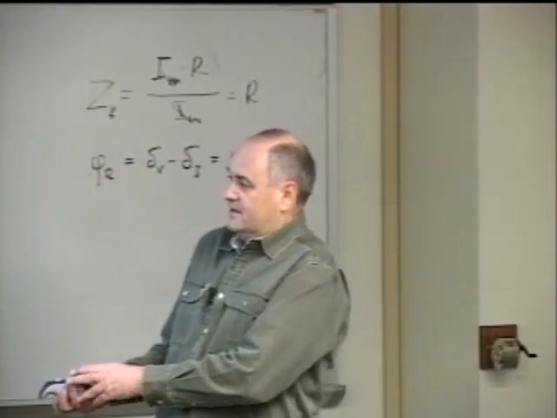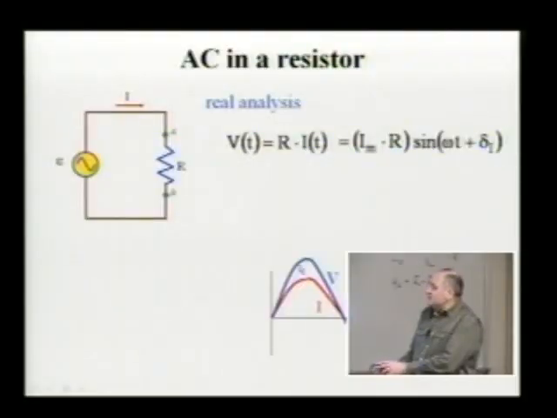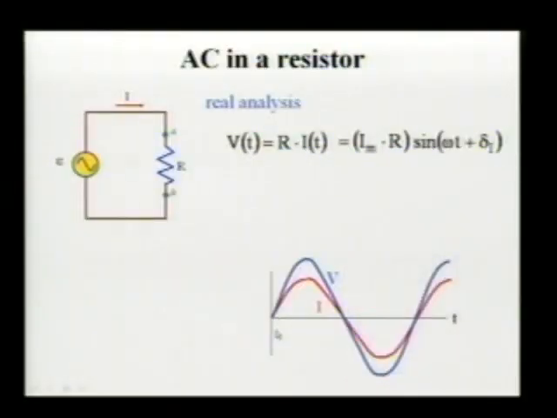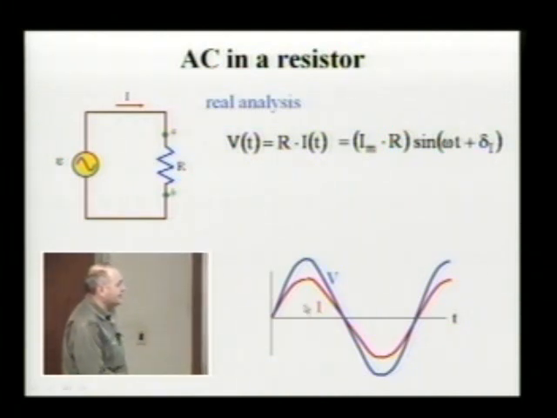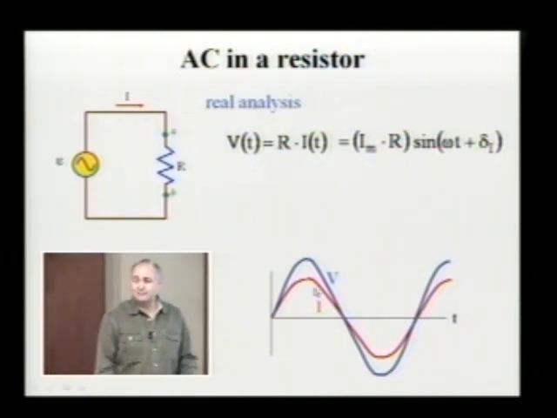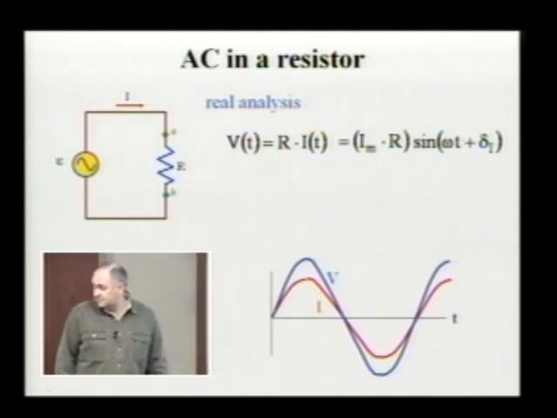What we found is that current and voltage are indeed proportional. So these would be the plots of current and voltage. If we look at this plot, let's try to make an estimate of the resistance. What is the resistance of a resistor for which current and voltage would be represented by these two functions?